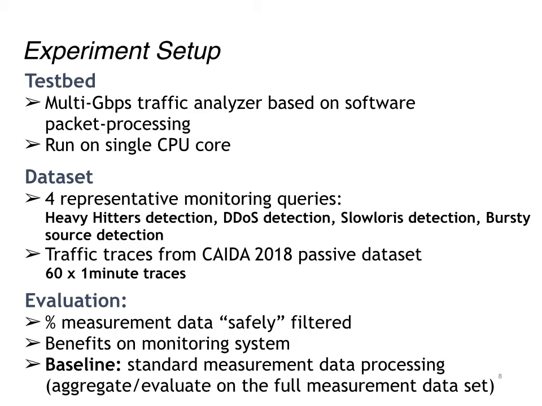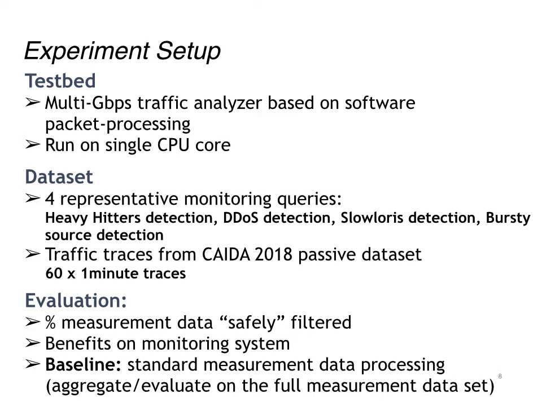The traffic traces we use come from the CAIDA 2018 passive dataset. In particular, we use 60 traces of 1 minute each. About our evaluation, we first measure the ratio of measurement data that can be safely filtered out by the telemetry system, without degrading the accuracy of query results too much.